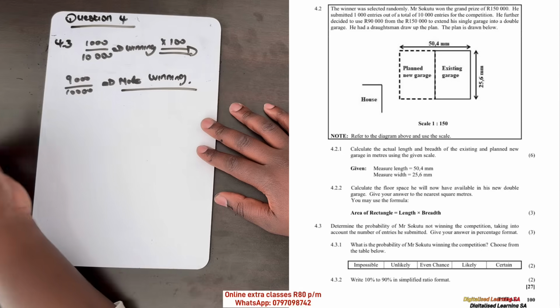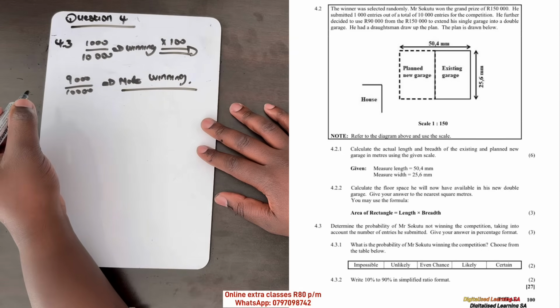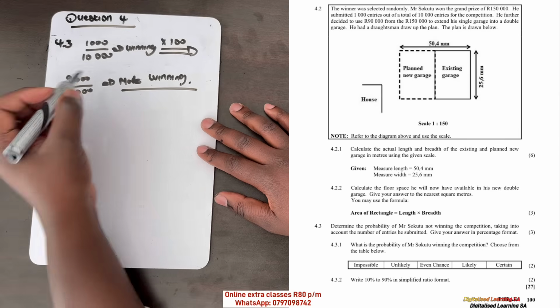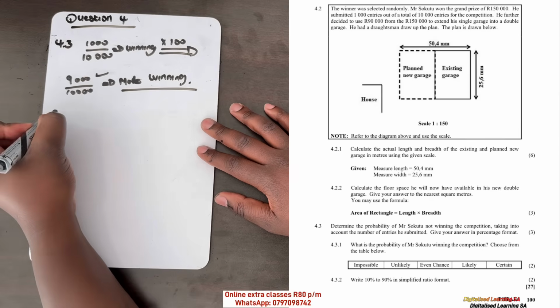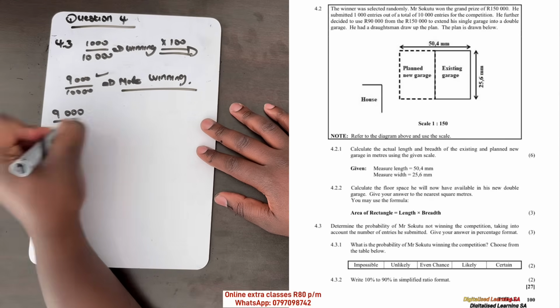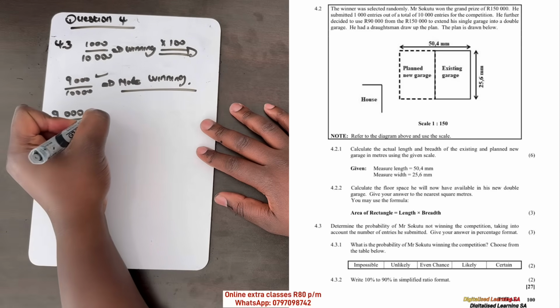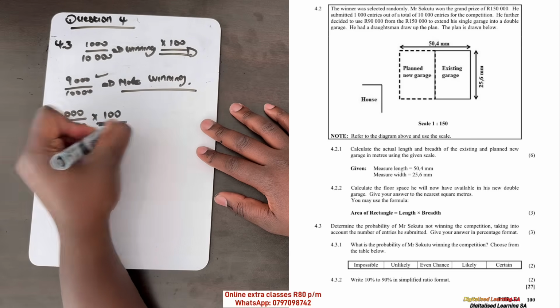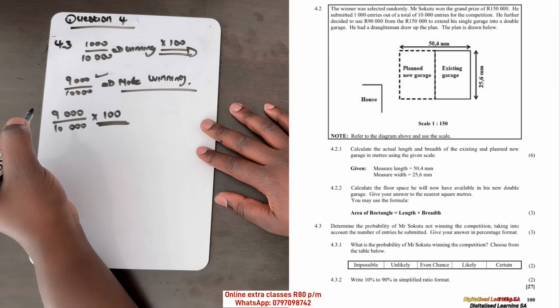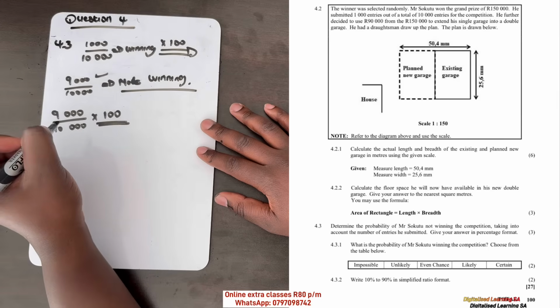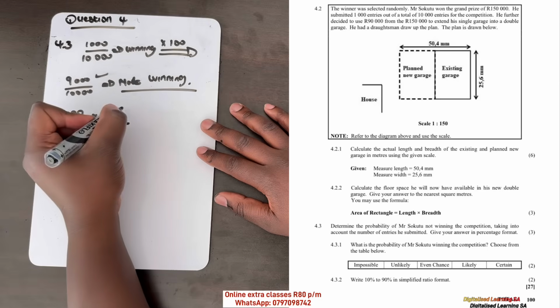Okay, so to get our answer, remember the question is saying calculate the probability of Mr. Sokoto not winning. So it will be 9,000 divided by 10,000 multiplied by 100. Why are we multiplying by 100? Because the question said give your answer in a percentage format. To get an answer in a percentage form, you need to multiply by 100.